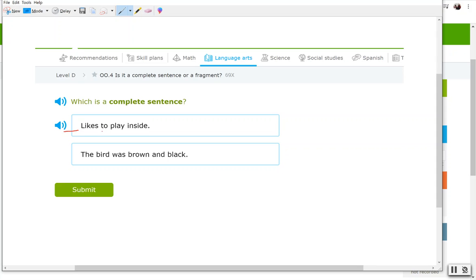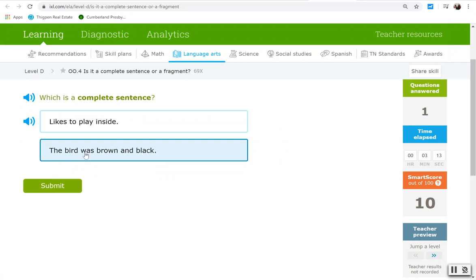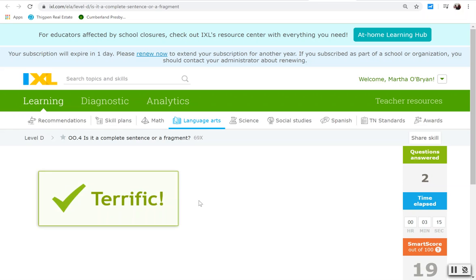We have a verb, but we don't have a subject, so it's not a complete sentence. The directions say to choose the complete sentence, so we know it's going to be the other one. Let's just check to make sure. It says the bird was brown and black. The bird is the subject, and was brown and black is the predicate, and of the predicate, was is the verb. Okay. So I'm going to choose that second one.